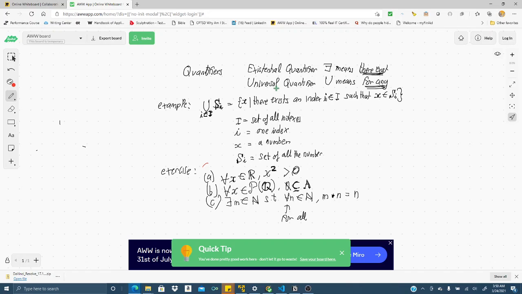So the exercise is to give the negation of each statement.